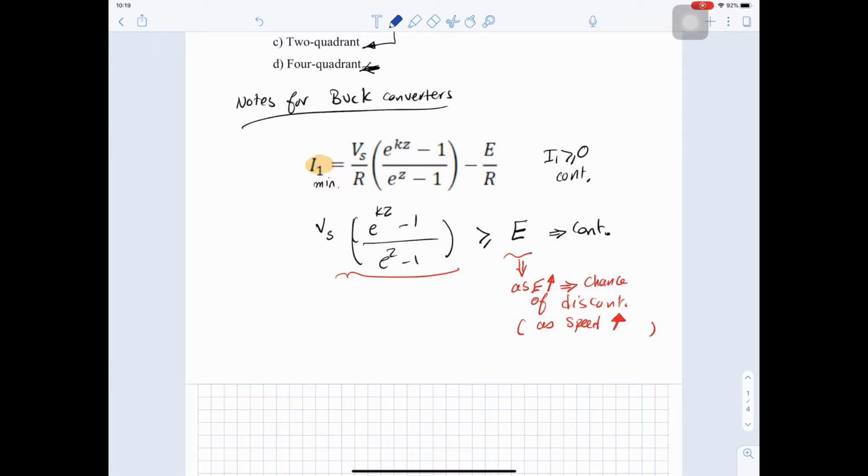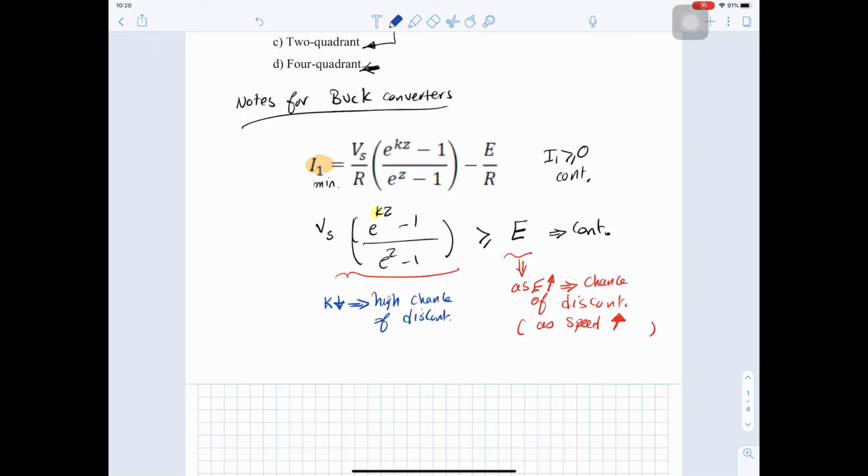And also, as you can see here, we have K in this equation, and K is the duty cycle. So as K goes down, there is also a high chance of being discontinuous.